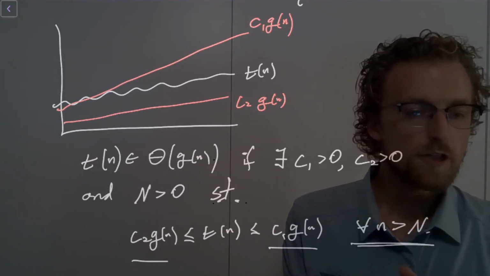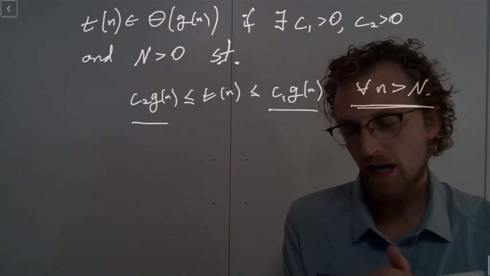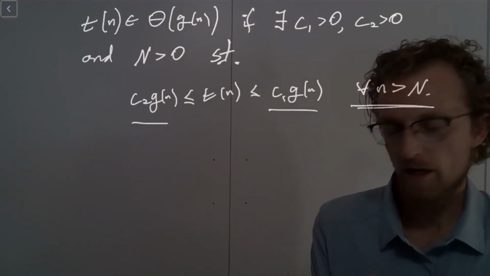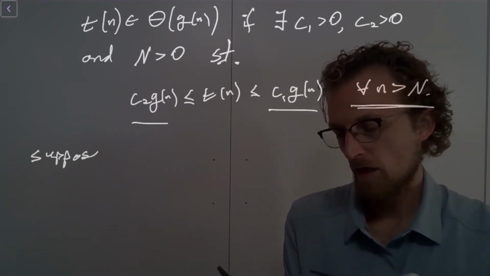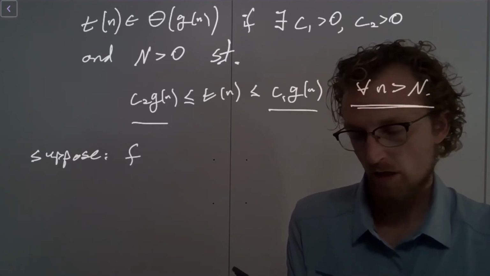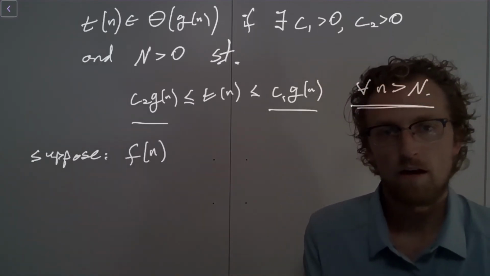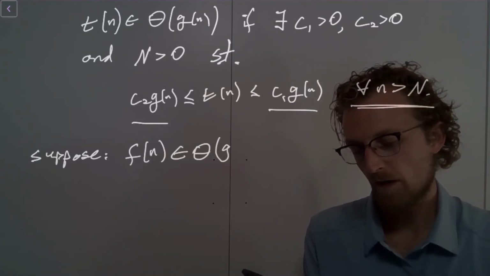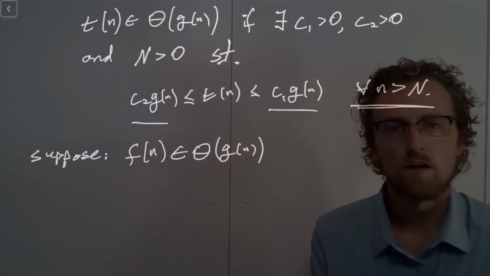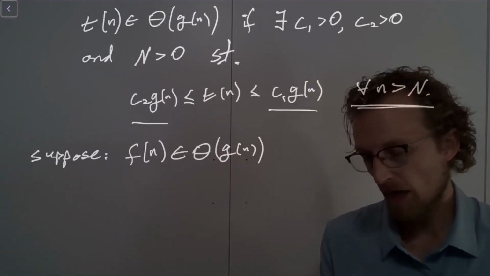All right, here's a question. Suppose I have some function f of n, and that this is big theta of g of n. What can I say about big O and big omega?